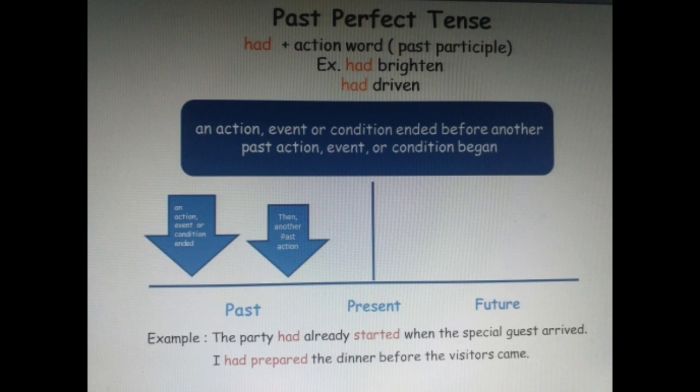In the next sentence, I had prepared the dinner before the visitors came. So had prepared is the past action which happened first, then before the visitors came, which is another past action.